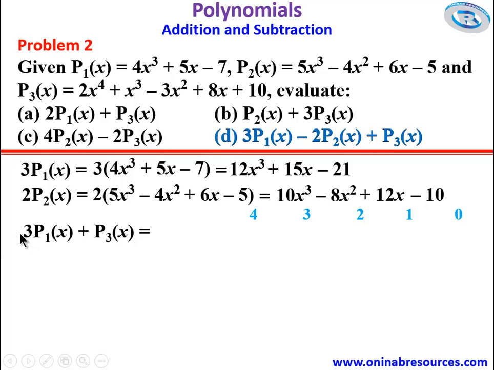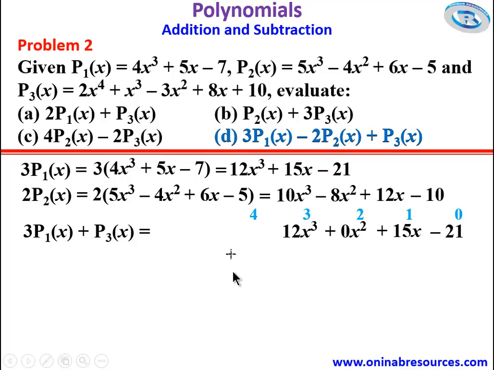So I am bringing in 3P1 of x first, so that 12x³ goes under 3, and 15x goes under 1, but here I'm representing it with 0x², then plus 15x minus 21.